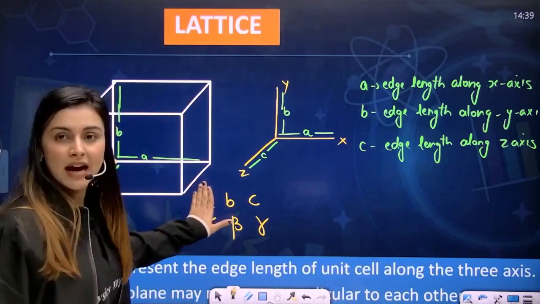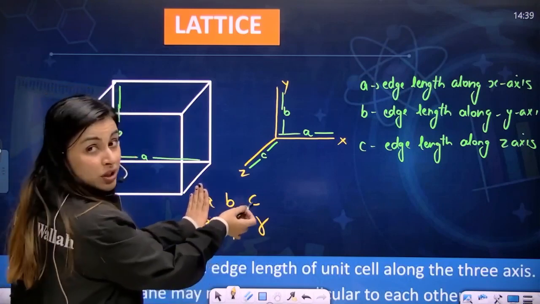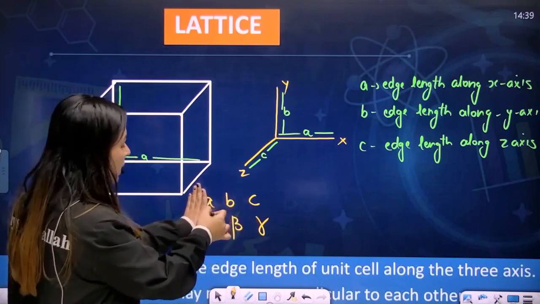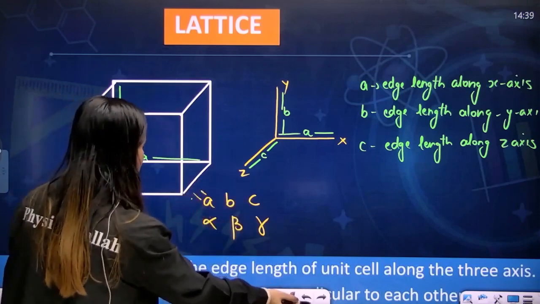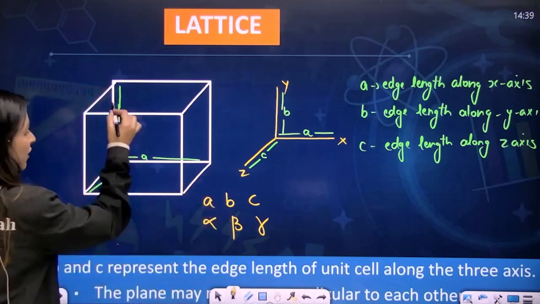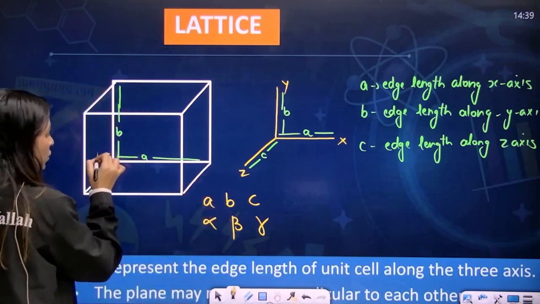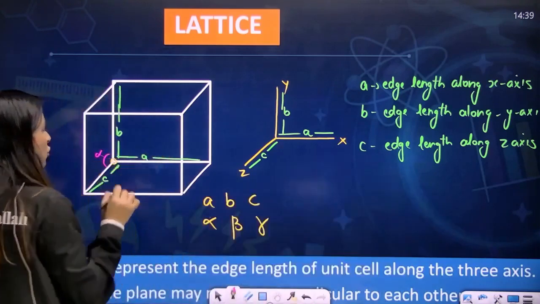Just put a hand over it. You will see that the two edges which are still visible, the alpha will be the angle between these two. So alpha is the angle between B and C. This angle is your alpha angle.